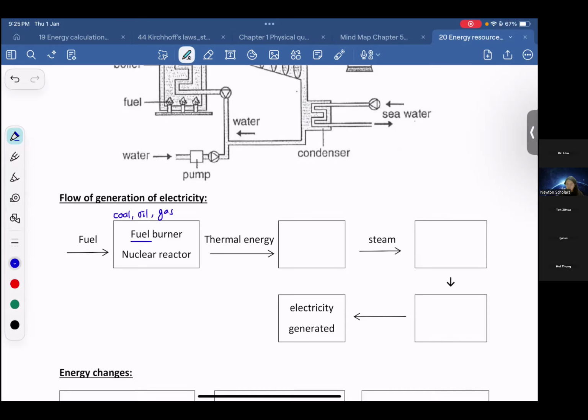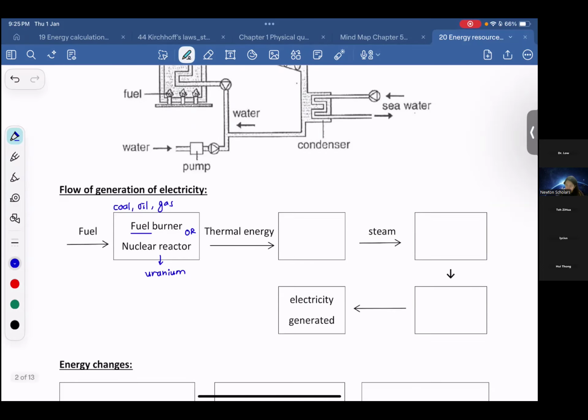We burn it, or we use uranium for nuclear reactions to happen. Burning coal, oil, or gas, or using uranium for nuclear fission, will produce thermal energy. When you burn something, you feel hot, you get heat energy.